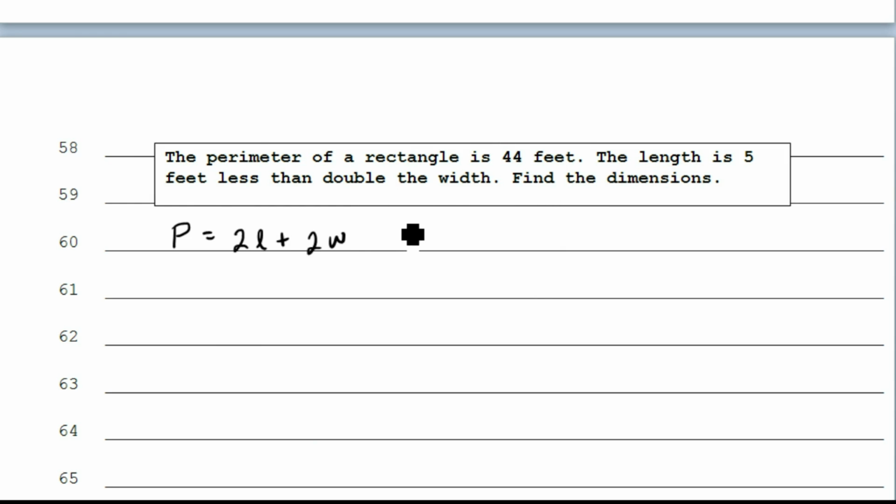The perimeter equals 44 feet, and the length is 5 feet less than double the width. So you just get a width, W for the width, and the length would be double the width and 5 feet less.